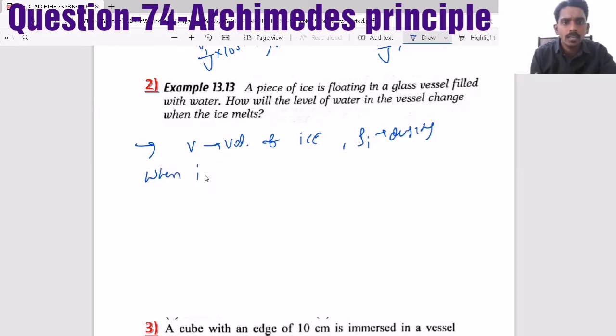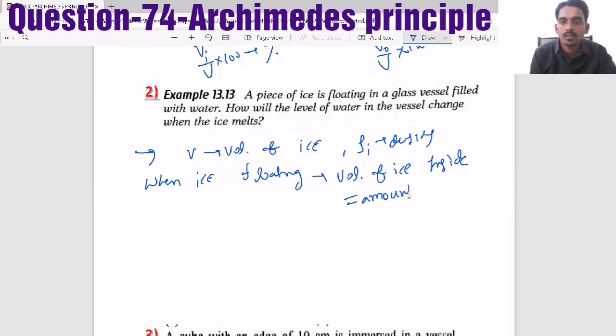Now, when the ice is floating, the volume of ice inside is nothing but the amount of liquid displaced. So that is V inside.